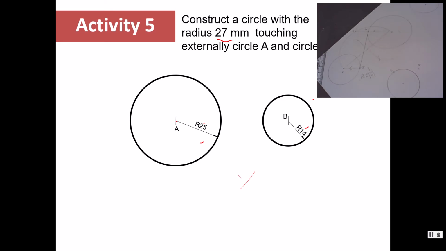And the second step is to draw from point B, which is 14 plus 27, so that at the end you're going to get O as the center point. And then from this center point you can draw a circle of 27 mm that is going to touch the A circle and the B circle.